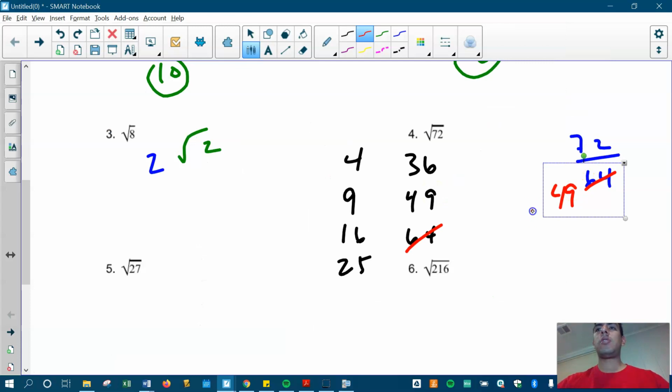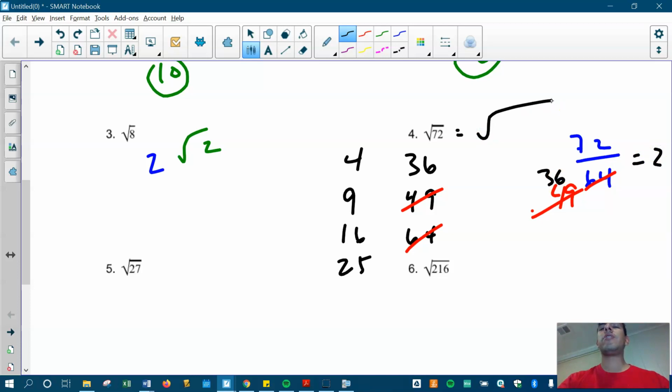The square root of 72 is the square root of 36 times 2.